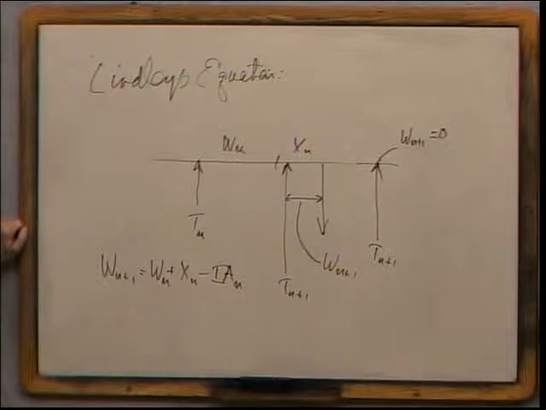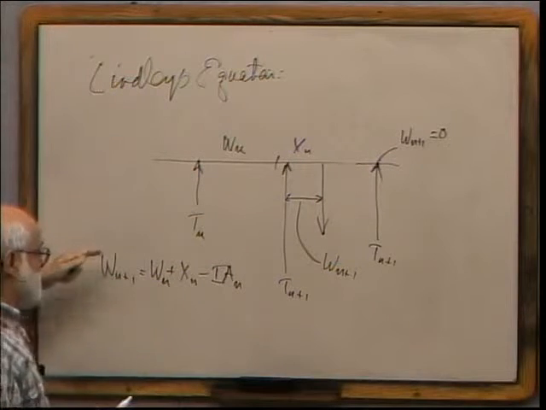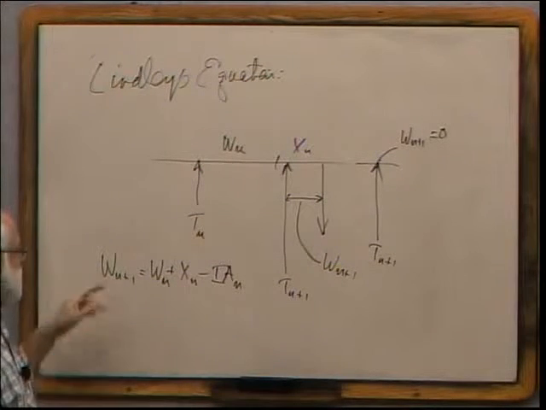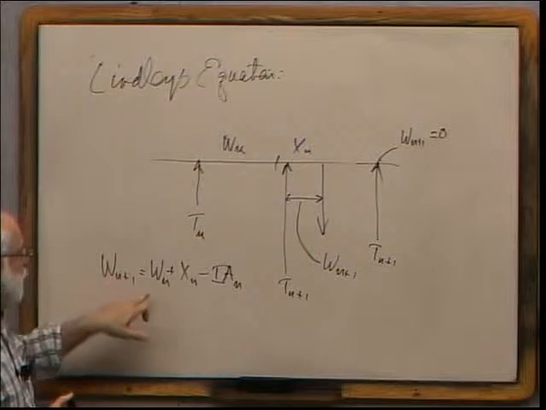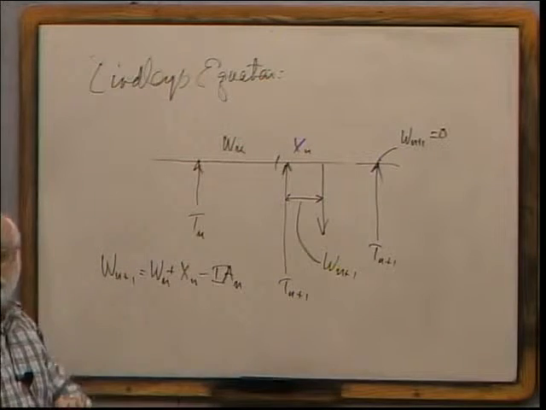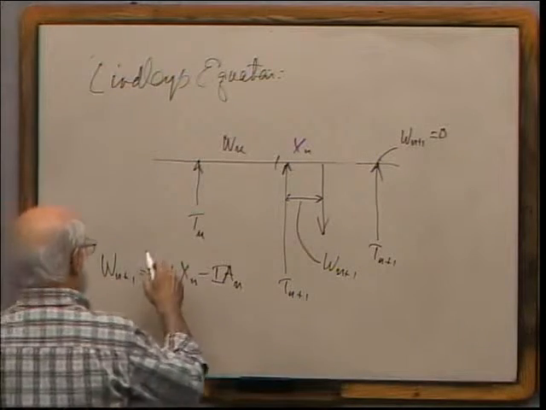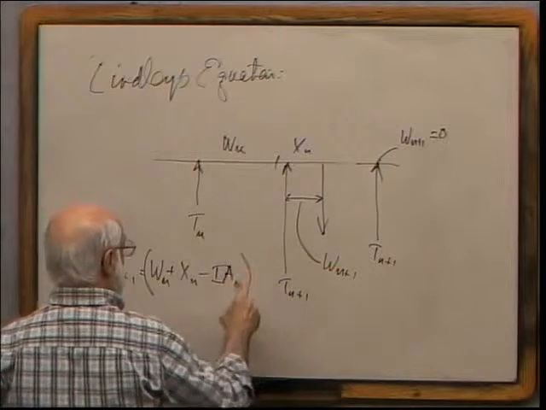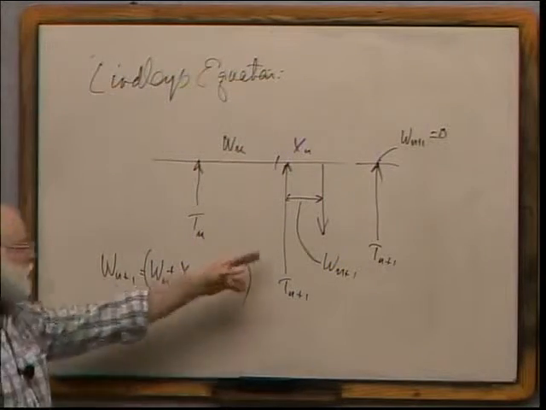So this is sort of a bootstrapping thing. This is a recursive kind of relationship because I can calculate each guy's waiting time in terms of the waiting time and the characteristics of the guy who arrived in front of him. And that's the total logic of my simulation. Now, mathematically, I write it like this with a plus sign because what the plus sign means is calculate the thing in parentheses.